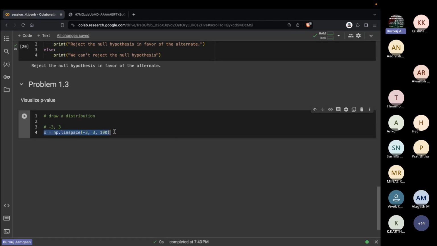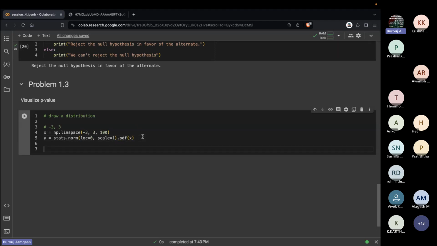This gives me x values. Now, corresponding to these x values, I want the values from a normal distribution's PDF. The way to do it is stats.norm. As usual, the location is 0, scale is 1, and you just call pdf and supply the entire array at once. So now you have the x values and the y values.